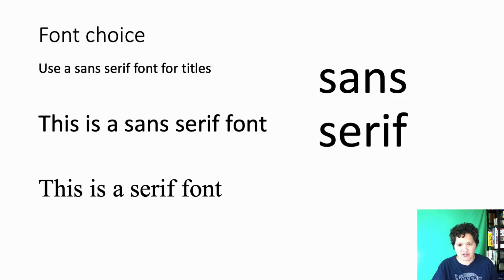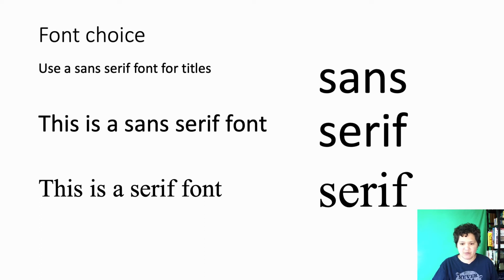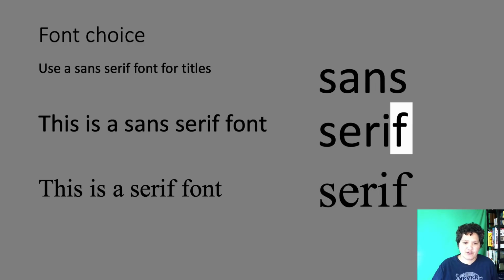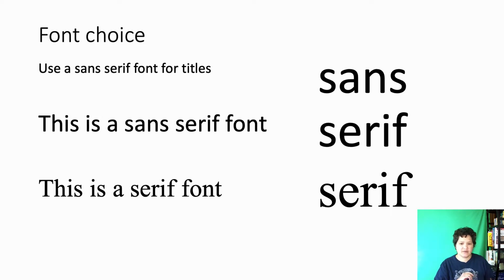And what I'm going to do is I'm going to have some larger font size words over here, and I want you to focus in on the F's here. So if you look at the sans serif font and the F, what you see is the lines are consistent thickness all the way through, and the ends are very square, maybe just a little bit rounded, but mostly square.